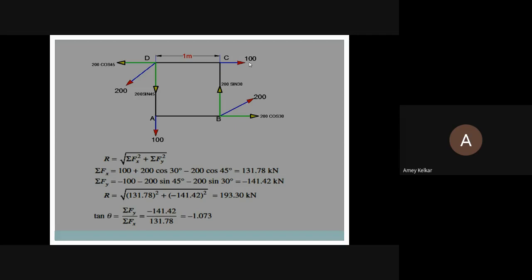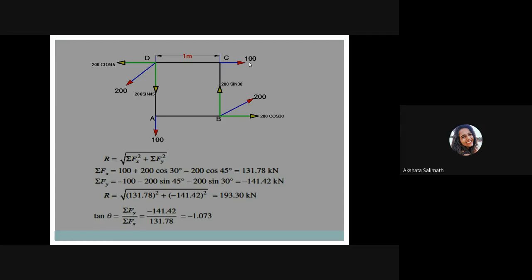Summation Fx and summation Fy become quite easy as we have solved a number of examples. So the resultant of this is 193.30, and you get tan theta. I think theta is not calculated. Just check what the value will be. Is the resultant correct? The answer is matching, 193.